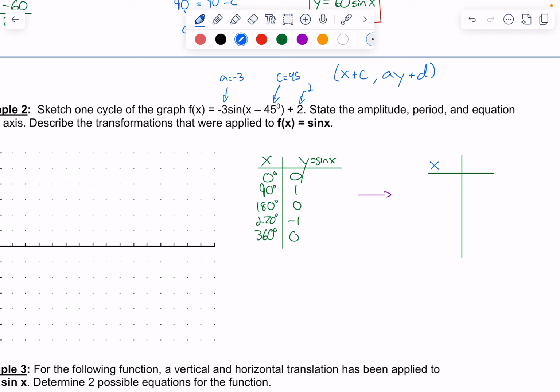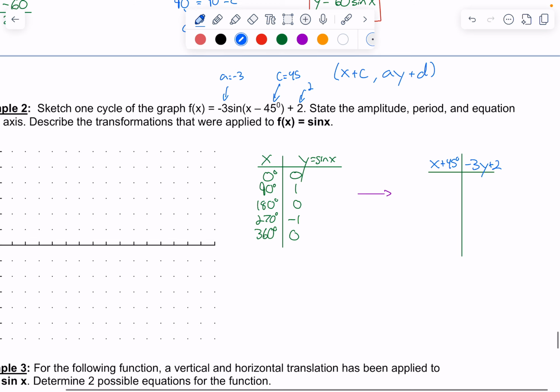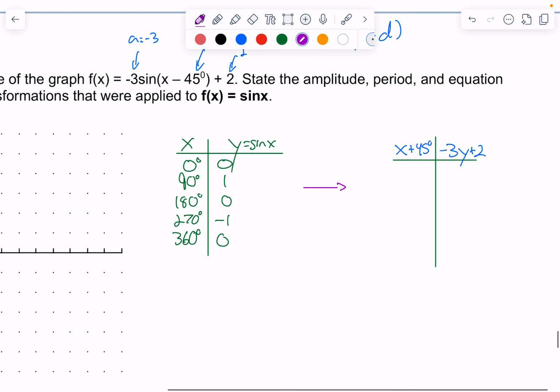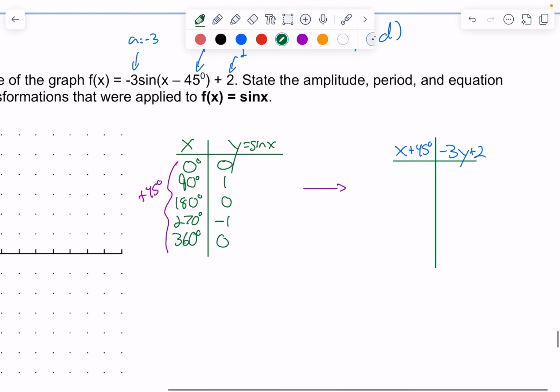So adding 45 degrees, and then your a is -3 times y plus 2. So you're essentially just taking all of these values right here, and you're just adding 45 degrees to them. So if we do the first one, it'd be 0 degrees plus 45 degrees, so 45 degrees. And if you did it for the 90 degree, I'll show you just one more, you get 135 degrees.